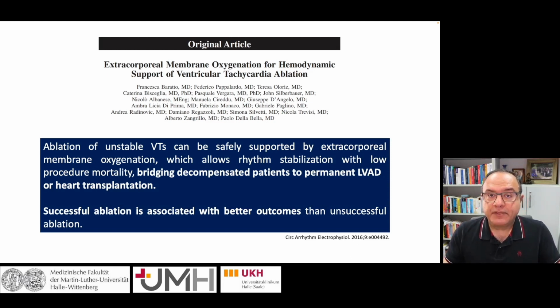But regardless of which hemodynamic system we use to support the patient during catheter ablation, we always have to keep in mind that sometimes it's very difficult to wean the patients from the hemodynamic support.